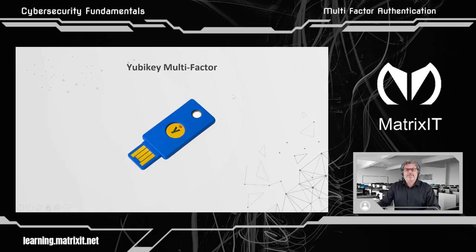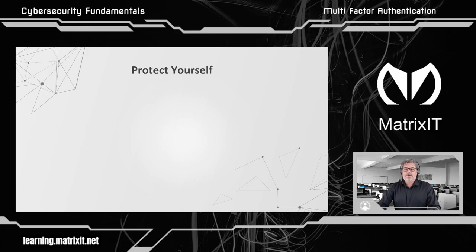They're not very expensive, but you code them to your account, and be well aware that unless you have this, you're not getting in your account. So somebody can have your password, who cares? You can't go any further. It's a pain in the butt when you don't have it, but it's always better to be safe than sorry.